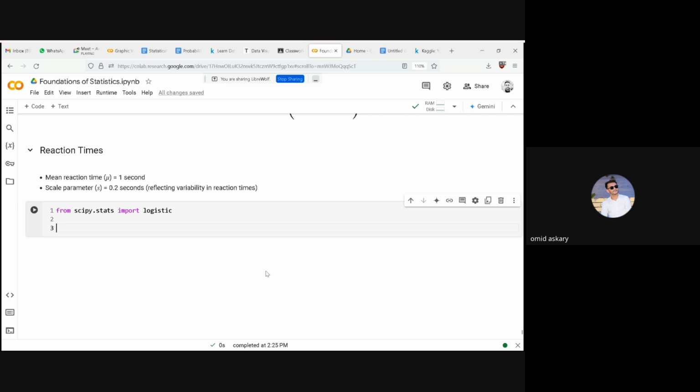Then mu will be 1, and scale will be 0.2. And then for the x values, we generate an array of different values.